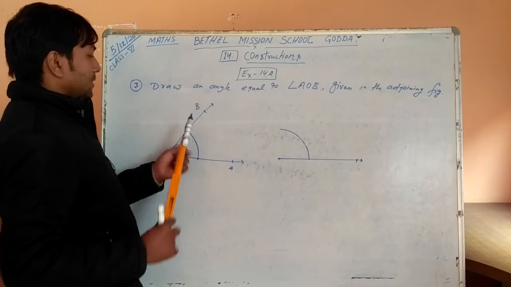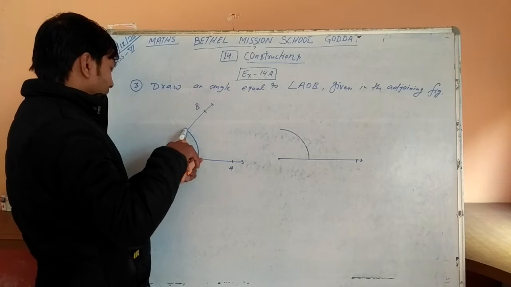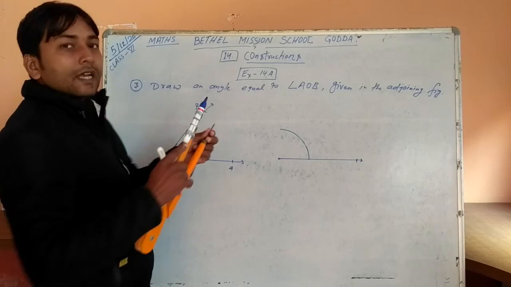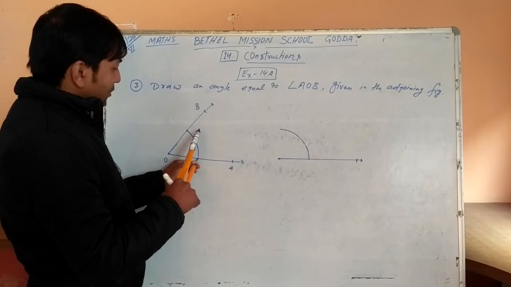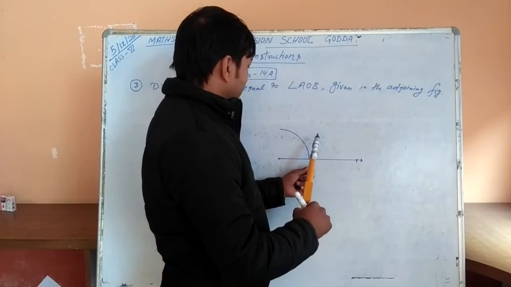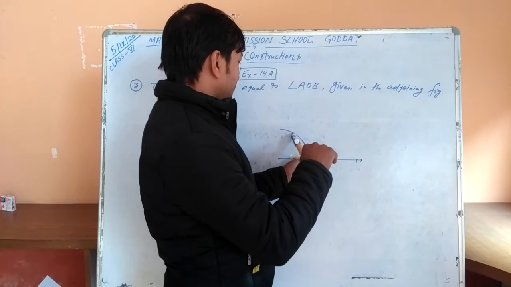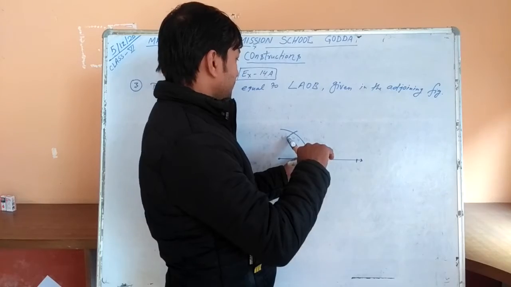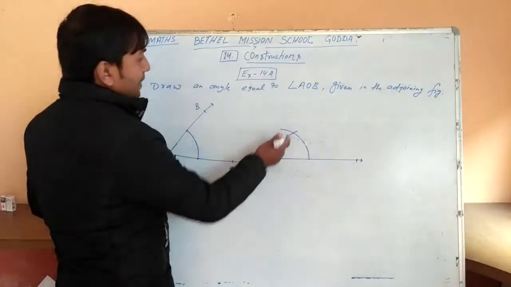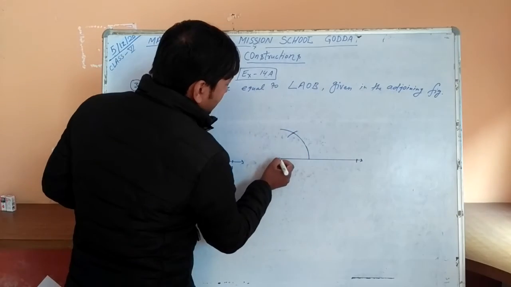Measure. Okay, now we measured the length of the arc with the compass and cut. Okay, we have cut, and this point and this point.